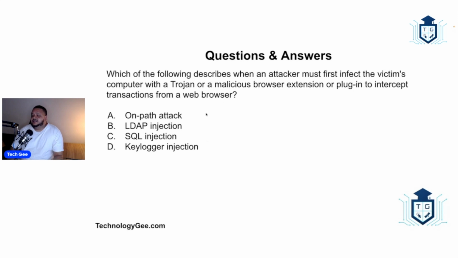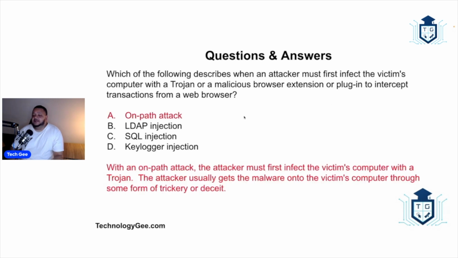This would be called an on-path attack. With an on-path attack, the attacker must first infect the victim's computer with a Trojan. The attacker usually gets the malware onto the victim's computer through some form of trickery or deceit. So basically you clicking random links in emails that you have no business clicking.